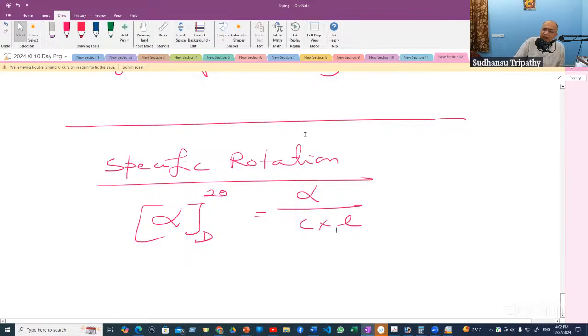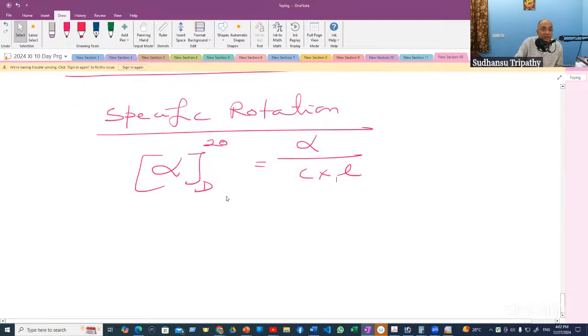For every pure chiral molecule, the specific rotation is fixed. It is determined using the D monochromatic radiation, around 5890 or 5889 angstrom, made plane polarized by passing through a Nicol prism, and using 20 degrees Celsius, that is why 20 degree.